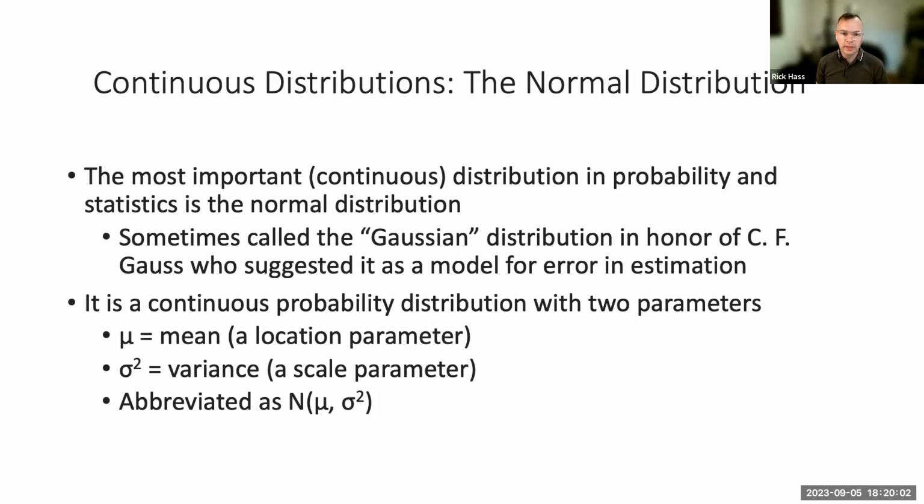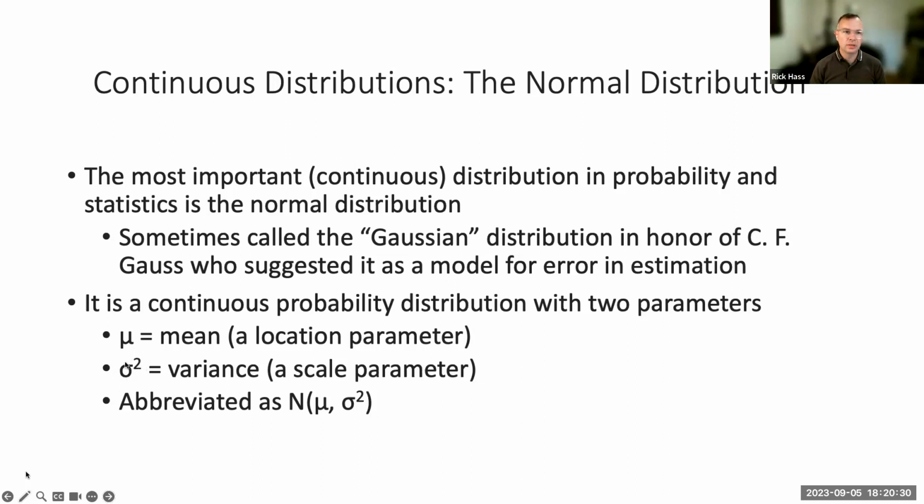But let me pause here, because I think this is better if I show you the picture. You may or may not be familiar with the fact that it has two parameters, and those two parameters are its mean and variance. We use the Greek letter mu and the Greek lowercase sigma squared, and the squared is part of the symbol.